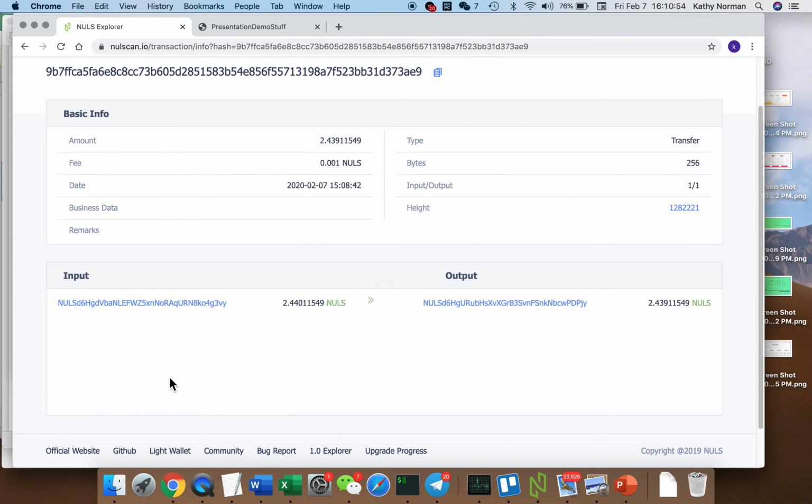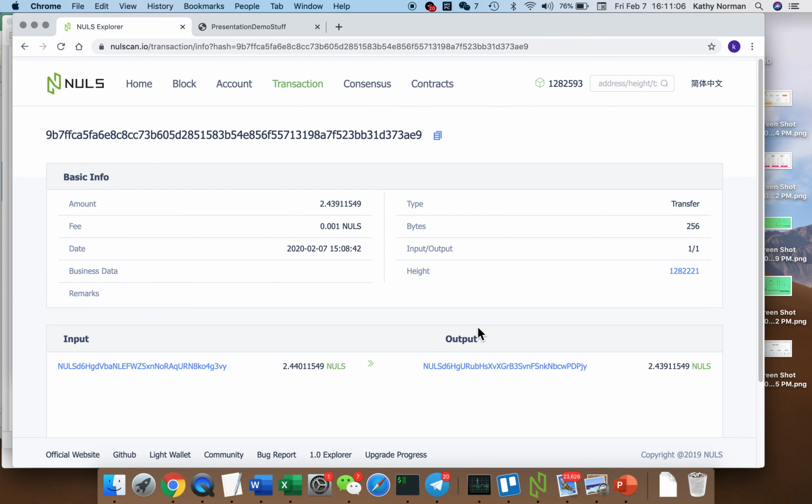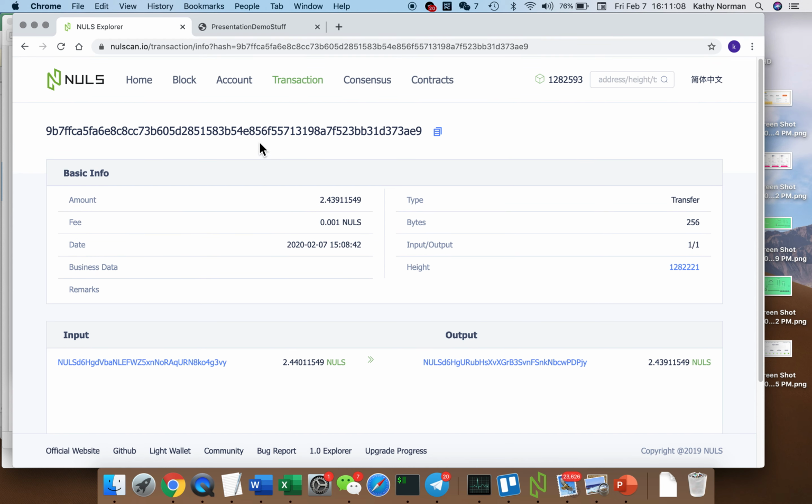But let's just take a look at this transfer here. So in this case, with this transaction, this is the source of the NULS that were transferred to this account here. And you can click on these particular accounts to get additional information about who they are.